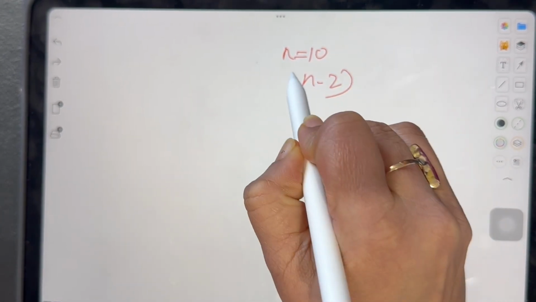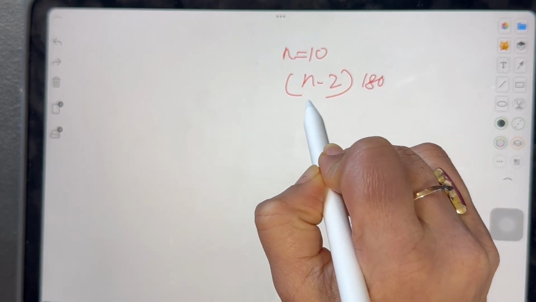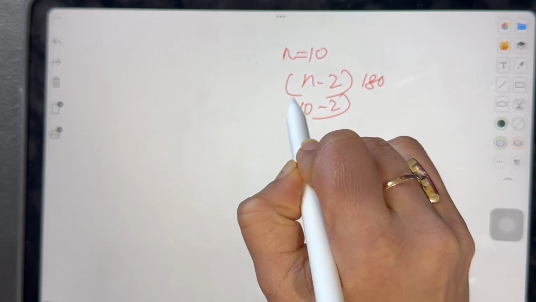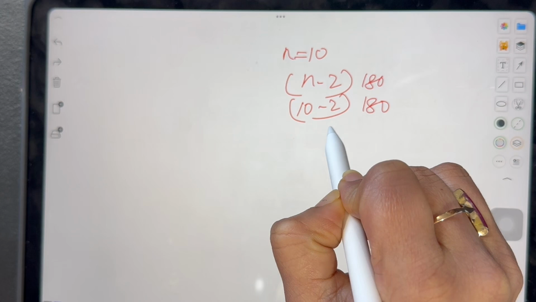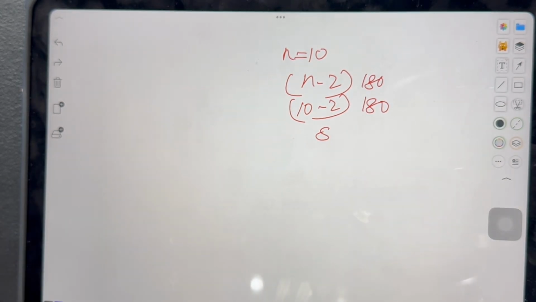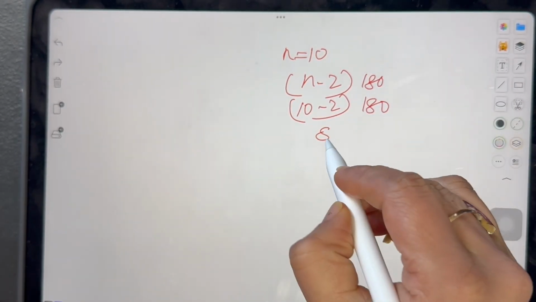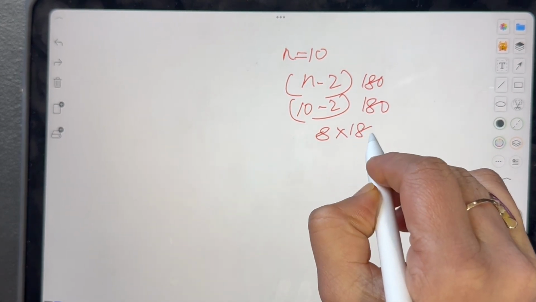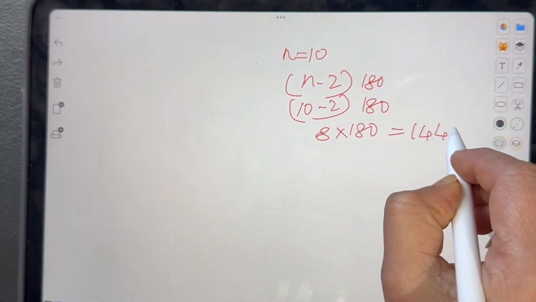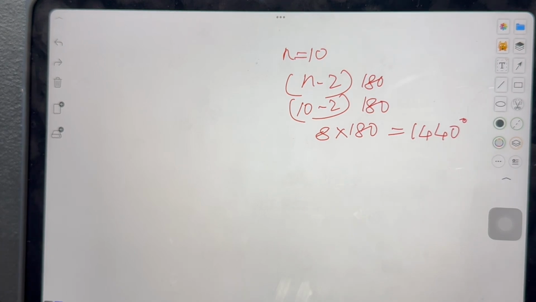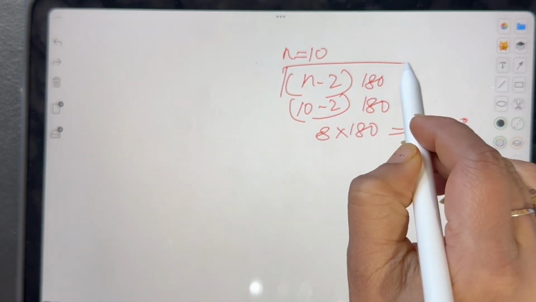N minus 2 times 180, which is 10 minus 2 times 180. 10 minus 2 is 8. 8 times 180, which will be 1440. So the sum of all the angles of a decagon is 1440. So we understand how to find the sum of all the angles of a polygon by this formula.